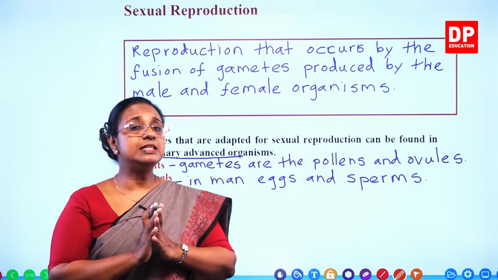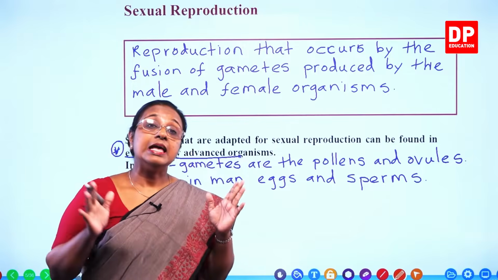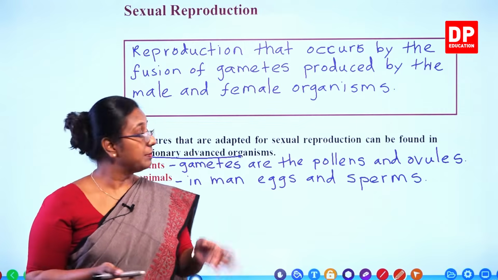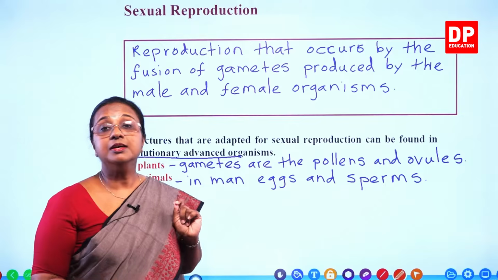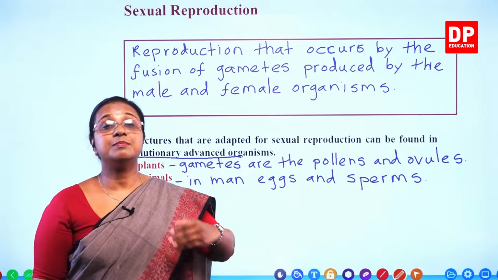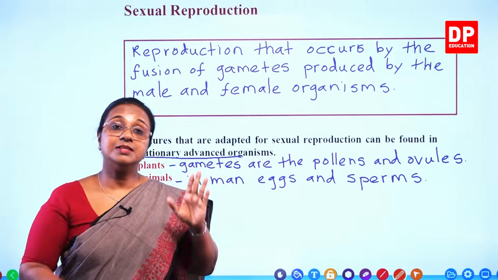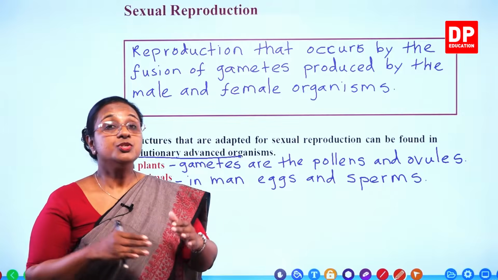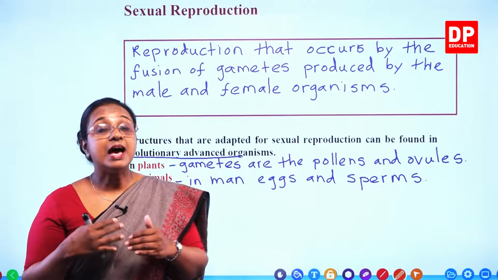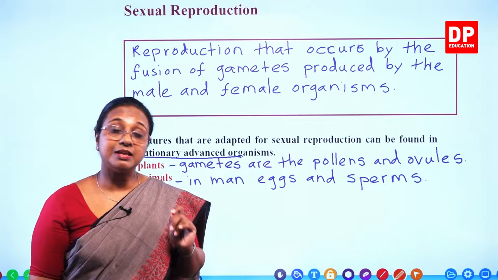If we consider asexual and sexual reproduction, in asexual reproduction only one organism is needed because there is no need for gametes. From one existing organism, a new organism can be produced. When two gametes fuse together, there is a mixing of characteristics. That happens in sexual reproduction.